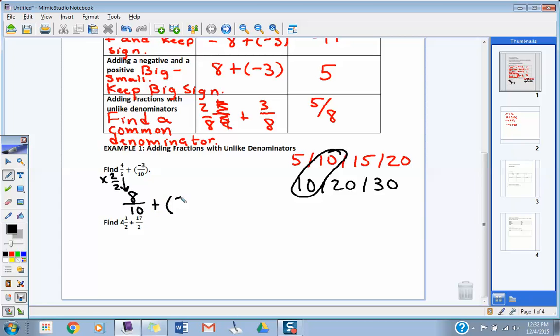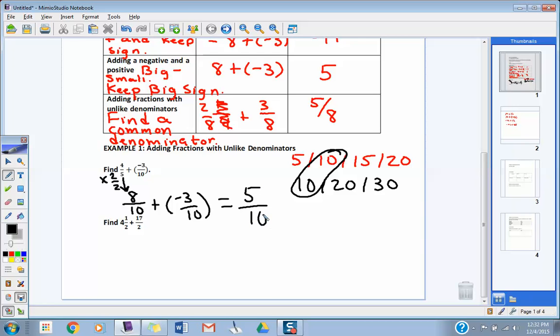So this really becomes 8/10 plus -3/10 now. Quick question, guys. Denominator's the same now? Yeah. So this is where you look at your numerators. What is 8 plus -3? 5. So my solution here is 5/10.